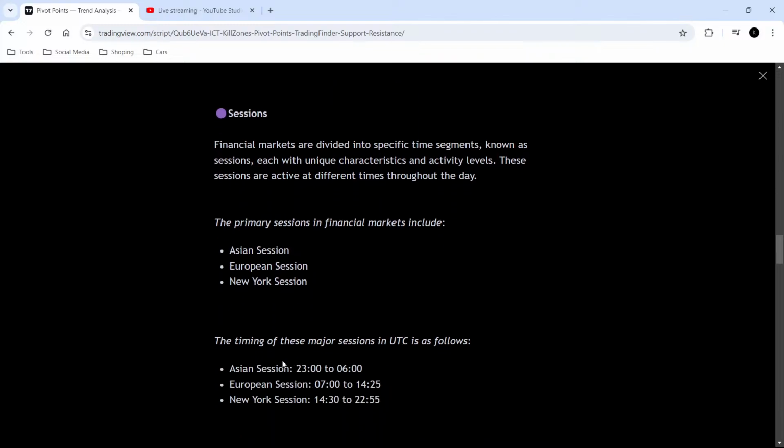The timing of each major session: Asian session from 11 to 6, European session from 7 to 14:25, and New York session from 14:30 to 10:55.